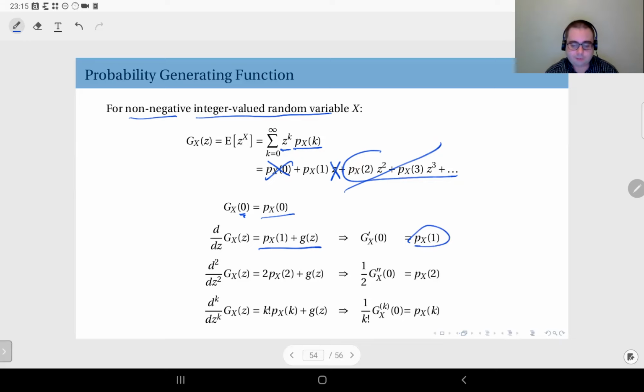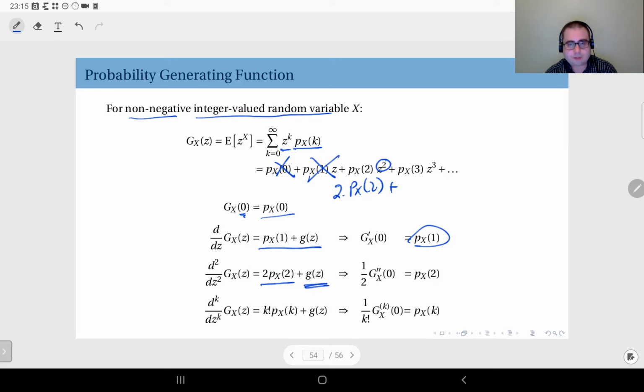Similarly, if you take a further derivative, the second derivative, the first two terms are gone, and you'll have the 2 coming from this power, 2 times the probability at 2, plus a function of z.